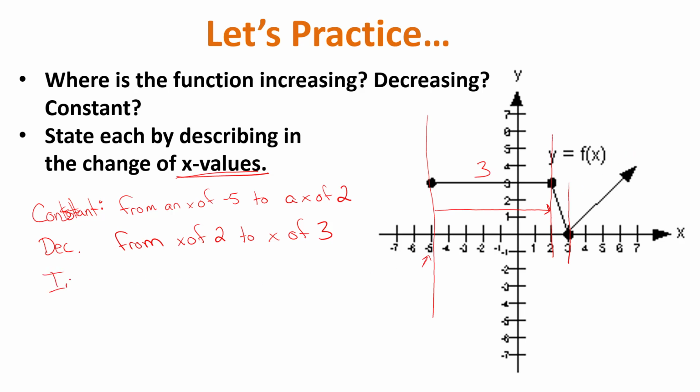That would be increasing. We're increasing from x of 3 to where? Well, we got to remember what this arrow means. That arrow means the line is going to go on and on and on forever and never stop. And since it's going on forever and never stopping, we're going to say it's going to infinity.